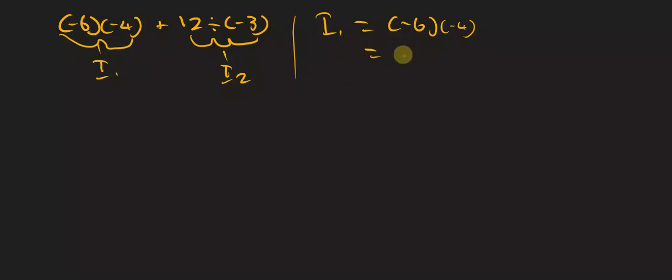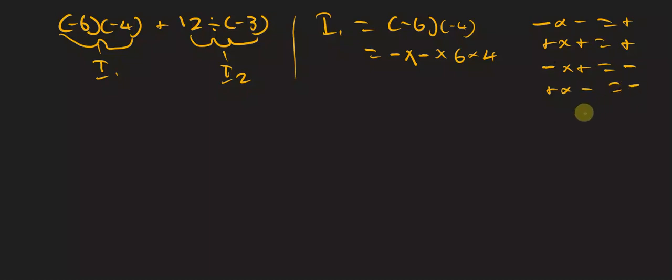This is how I'm going to do this. I'm going to take the negative, multiply it by the negative times the 6 times the 4. Right? And the negative times the negative will always be a positive, and a positive times a positive will always be a positive. Similarly, a negative times a positive will be a negative, and a positive times a negative will be a negative.